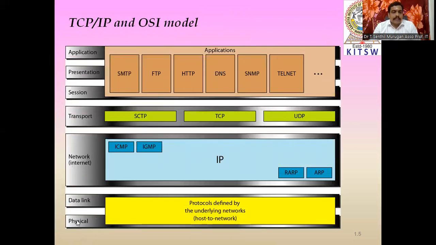The data link and physical layers are given the name host to network layer. The bottom 2 layers are the host to network layer, the third layer is the network layer or internet layer, the fourth layer is the transport layer, and all 3 of session, presentation, and application layers are considered the application layer in the TCP/IP model.